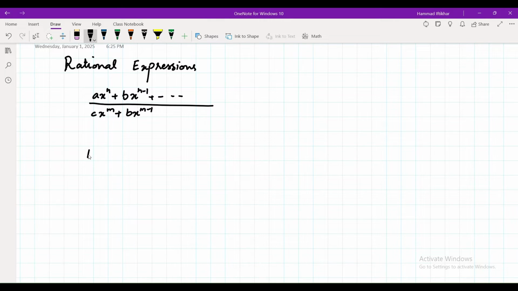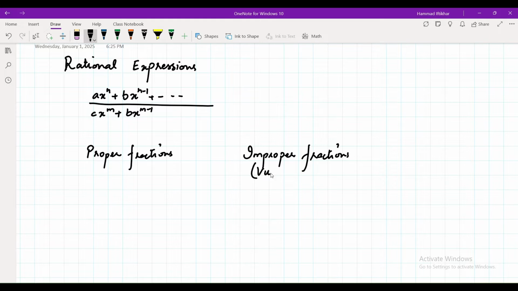We know how to describe proper fractions. We know how to describe improper fractions. So in some books, it is also written as vulgar fractions. And we also are familiar with the mixed fractions.